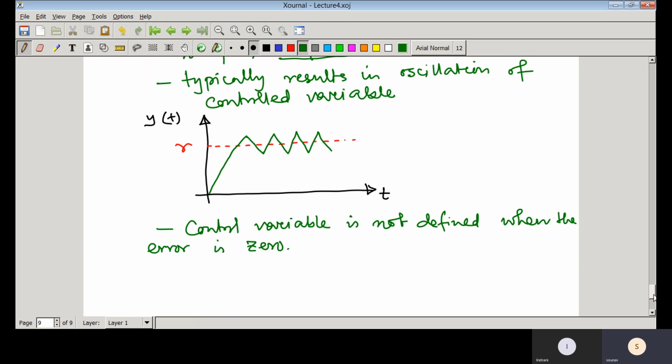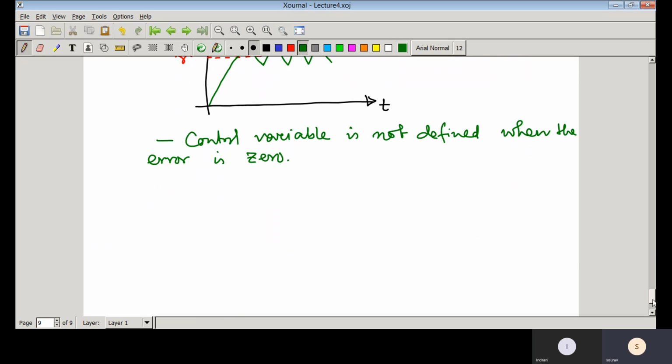To overcome these disadvantages, some other control techniques are also used. Here I am just showing how that on-off control works. This is the error signal, and this is u.